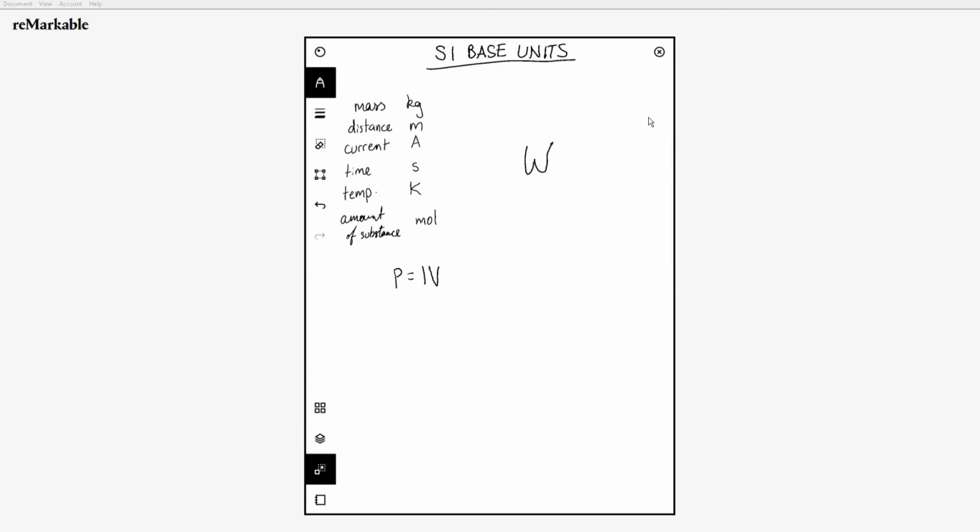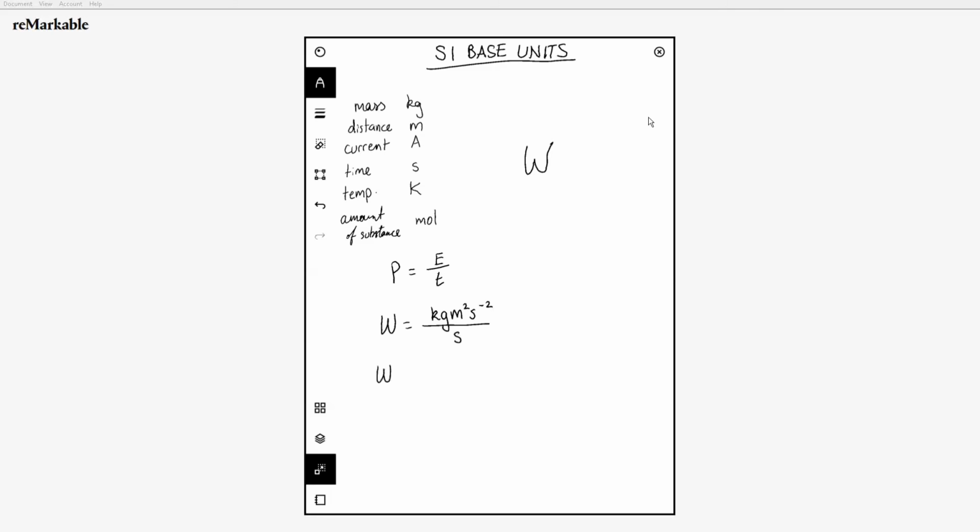You don't know the SI units for volts, so we don't really want to start using that. So the equation I would go for is power equals energy over time, especially because we've just worked out energy, so it's super handy. So power is measured in watts, energy is measured in joules, which we just found out was kilogram meter squared s to the minus 2, and then time is measured in seconds, so we're dividing it by time.